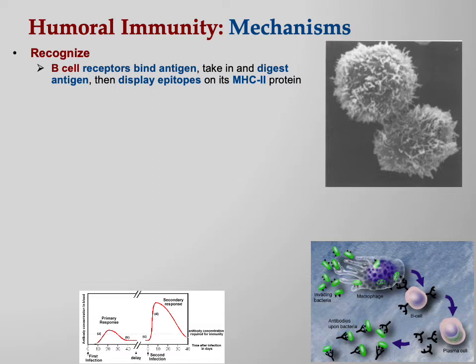So whereas the B cell by itself can grab bad guys and digest them and work like an APC, well, it is an APC, shows it on its MHC2 to the T helper cell, it also then will morph into these plasma cells that crank out antibodies so that the antibodies can wander through the body.